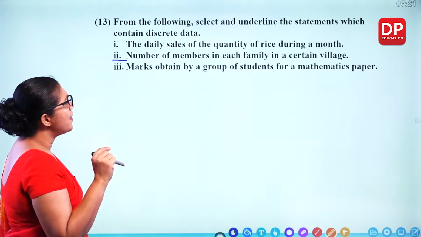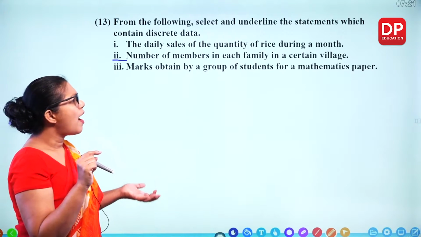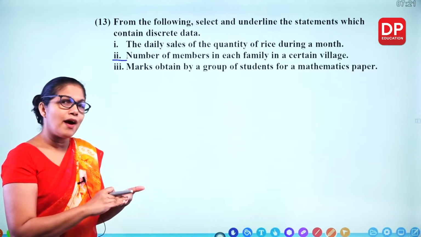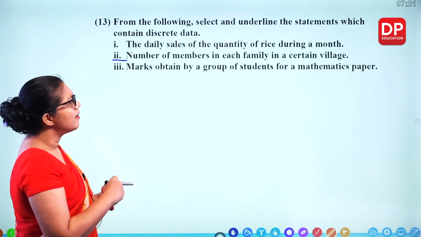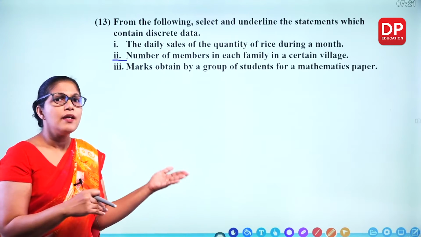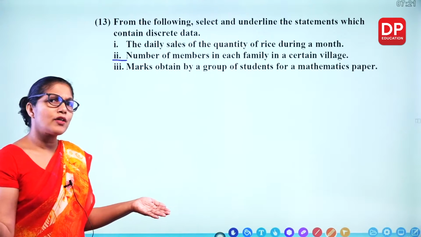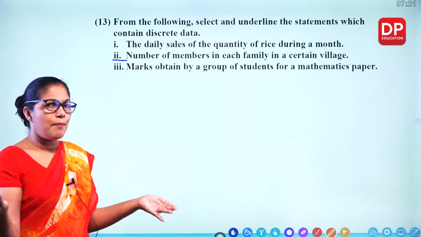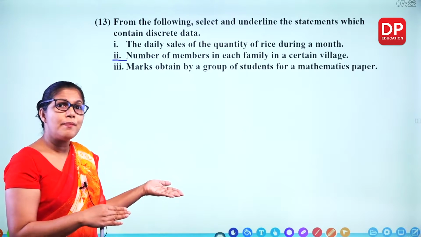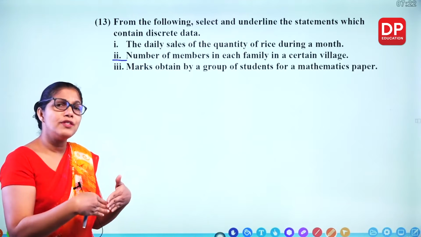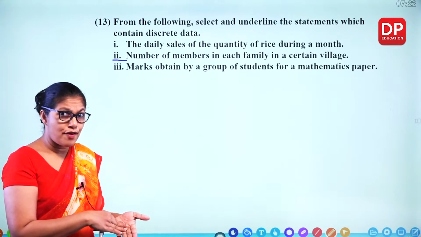Marks obtained by a group of students for a mathematics paper. Normally marks are continuous data, because the minimum mark you can get is 0 and the maximum mark you can get is 100. But when the teachers mark, you divide by something, like 2, to get the average mark.